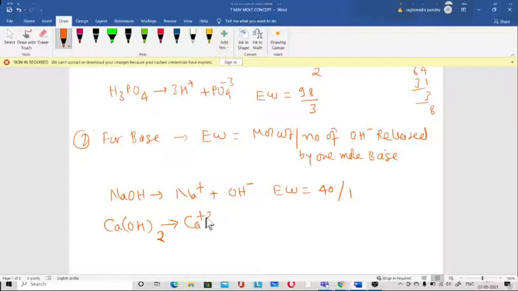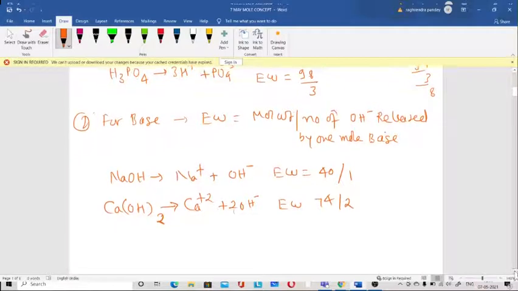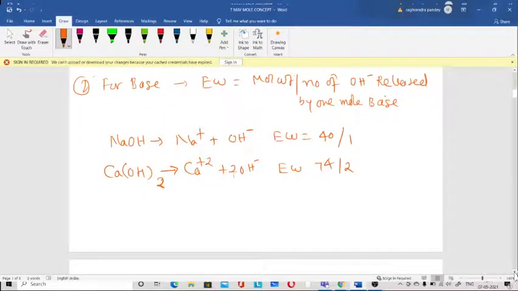It is calcium 2 plus and 2 OH ions. The molecular weight is 40 plus 34, so 74, divided by 2, because there are 2 OH ions released. So there are various categories. You understood the basic concept there.